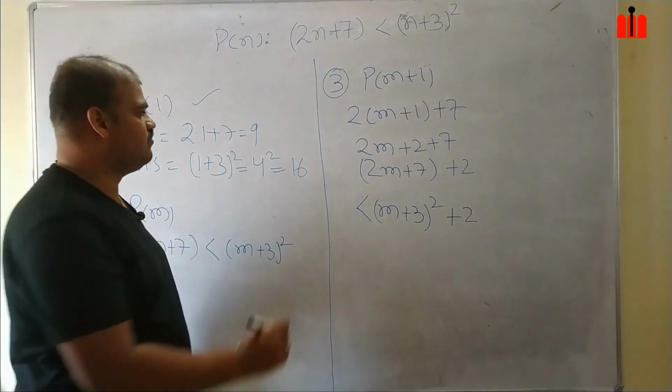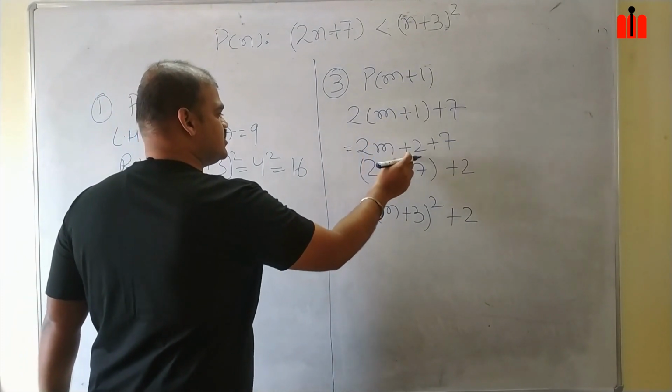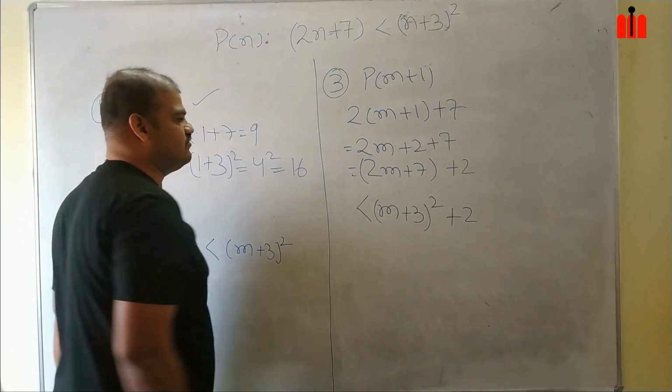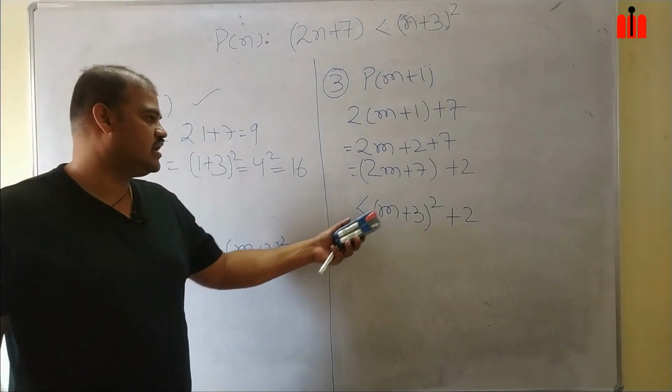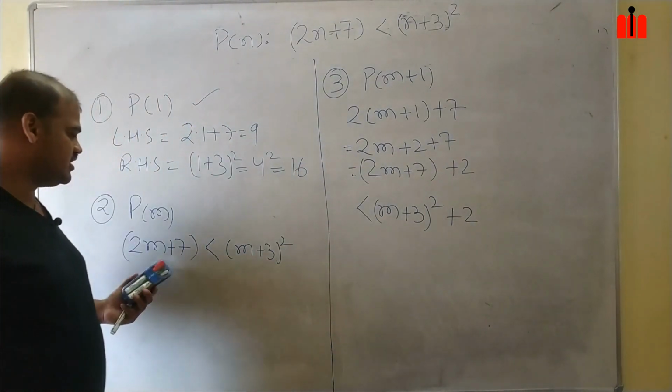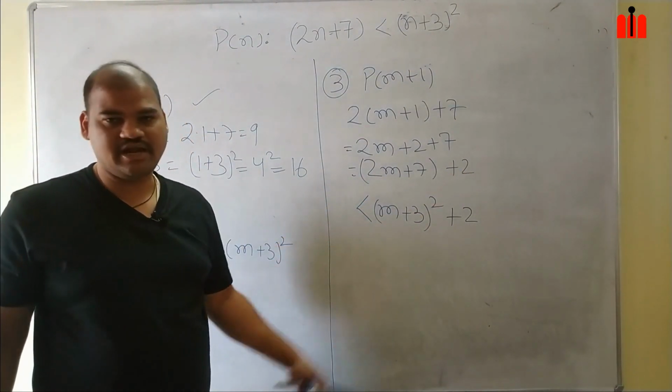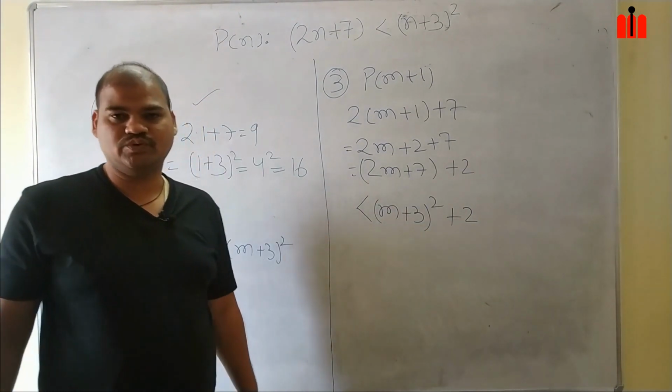Till this step, each step is equal to the previous one. Here I had substituted 2m plus 7 is lesser than m plus 3 whole square, so definitely this will be lesser than m plus 3 whole square plus 2.